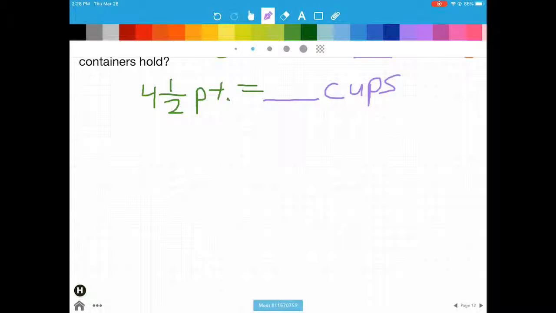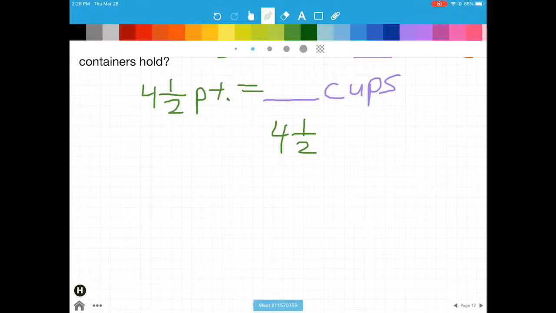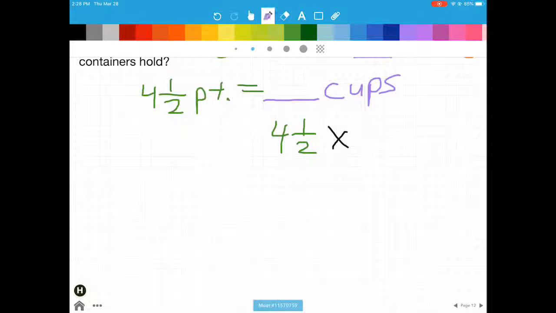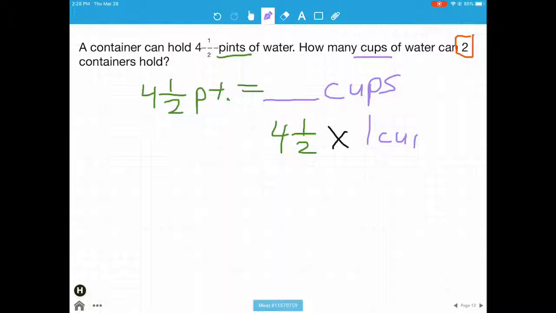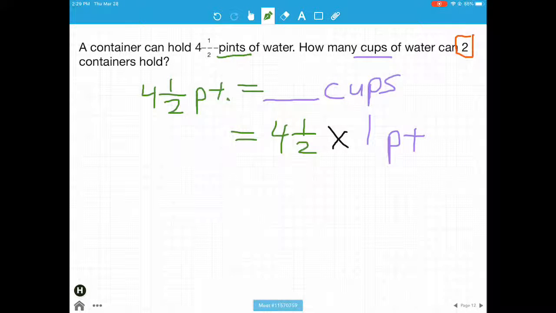Okay, so first we're going to do our 4.5. We're going to multiply it times 1 pint. Okay, so now we're going to change the pint to cups. Now we're going from pint to cup, from larger to smaller units.